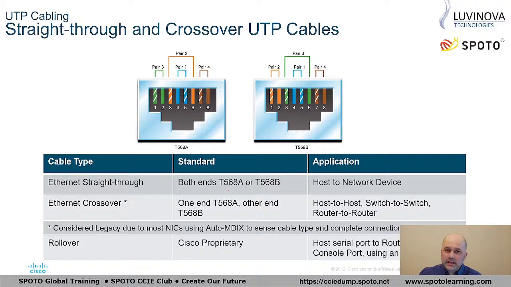Different types of devices are connected with straight-through, or as you may find it, a straightforward cable. As well, there is another cable called a rollover cable, which is a proprietary Cisco cable. Those cables are used only for connecting a computer to a Cisco router or Cisco switch. They call it a console cable.